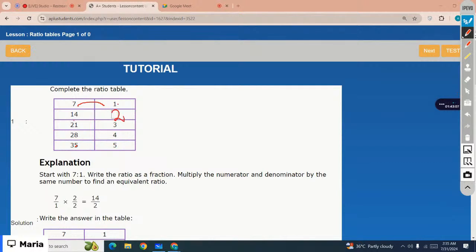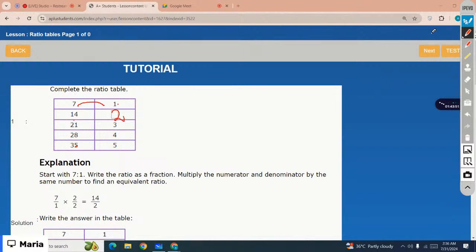So the correct option is 2. 14 times 2. So the next one is 14.